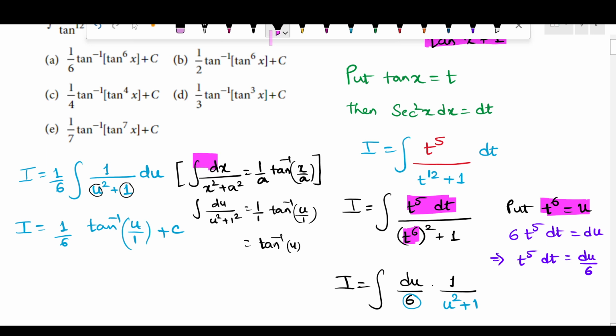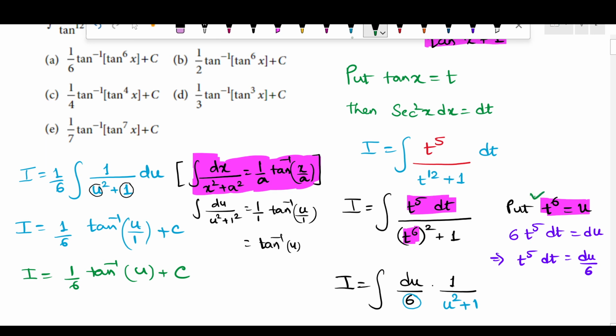Is this step clear to all of you? You can comment if you have any doubt. Now I equals 1 by 6 tan inverse u plus c. Now see your u.